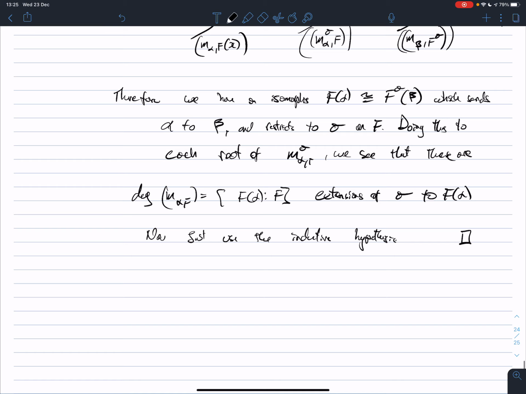So let's give some names to these different types of embeddings. Here's a definition, 1.5.9.